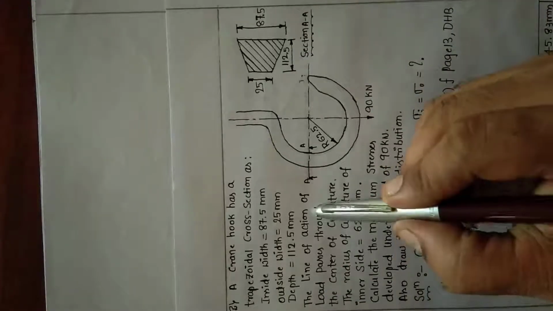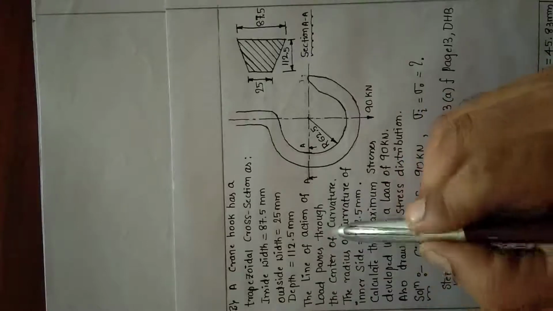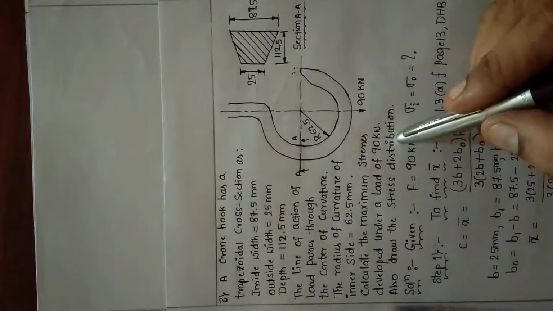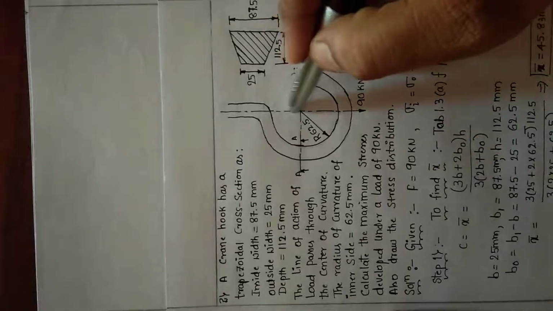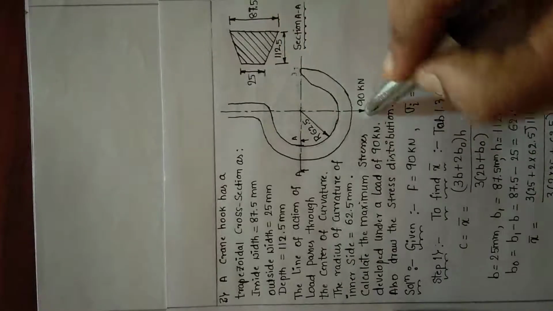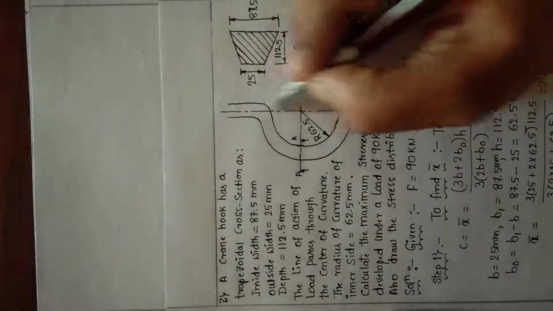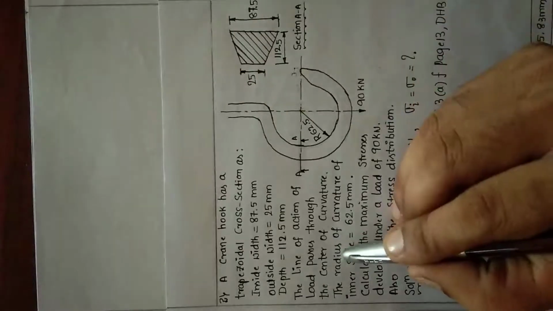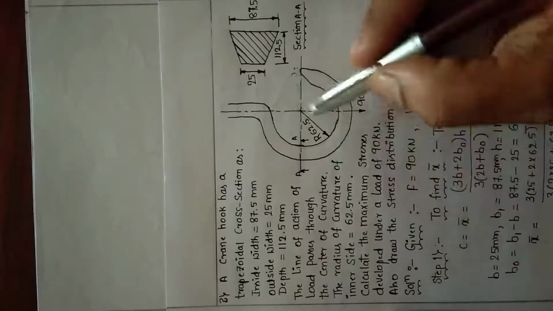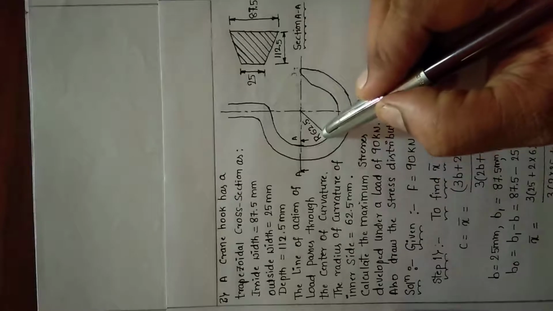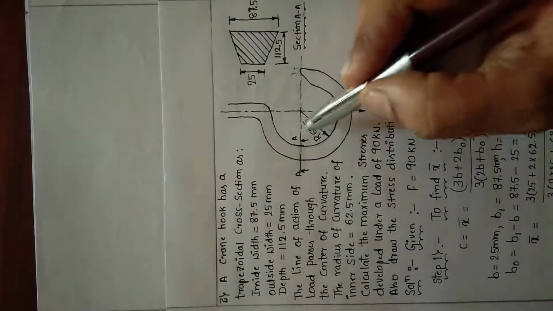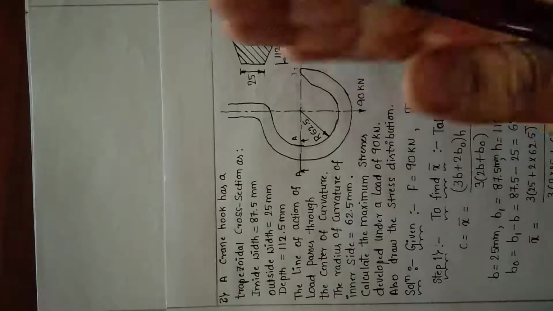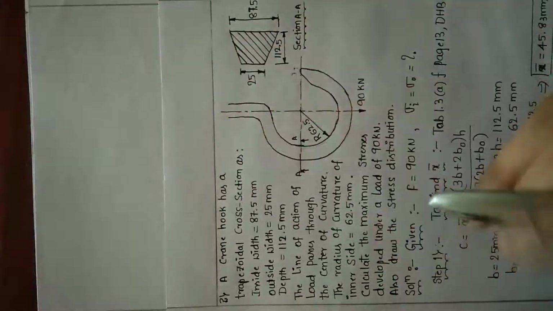The line of action of load passes through the center of curvature. So in this problem the application of load coincides with the radius of curvature. The radius of curvature is given as 62.5, so this is Ri, the radius from the center of curvature to the inner fiber.